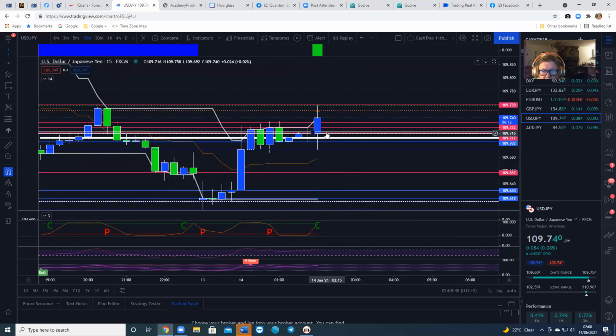And I've drawn my lines here, and it has broken through that, but this is a critical area of resistance, 759 and 750 on the 15-minute. So it looks like it wants to push up here to the 15-minute, but if we got a put at 15 minutes past, then I would take it for a put.